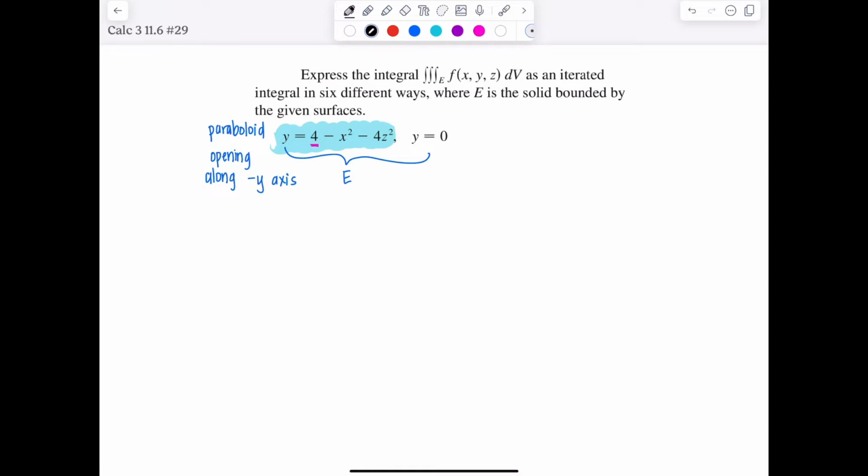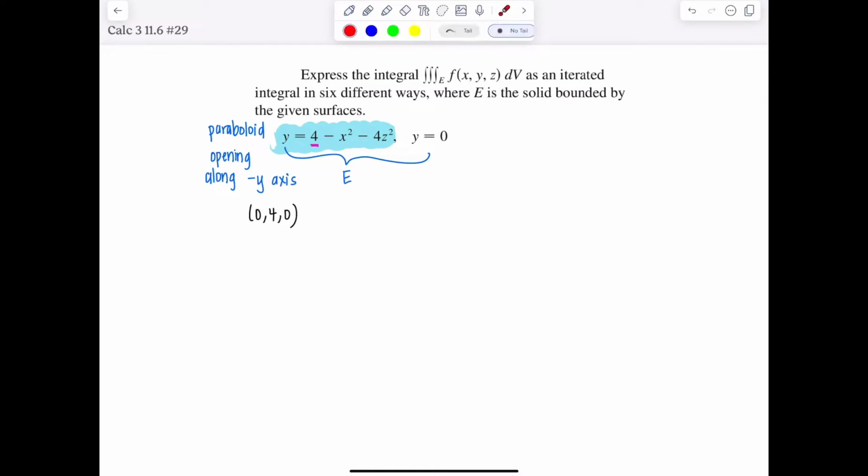If I substitute in 0 for x and 0 for z, you can see where the vertex of the paraboloid is. It's at (0, 4, 0). Then if I intersect that paraboloid with the plane y equals 0, which is also the xz plane, that intersection is going to give me an ellipse. How do I determine that?